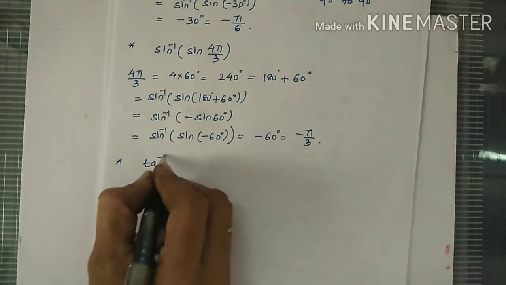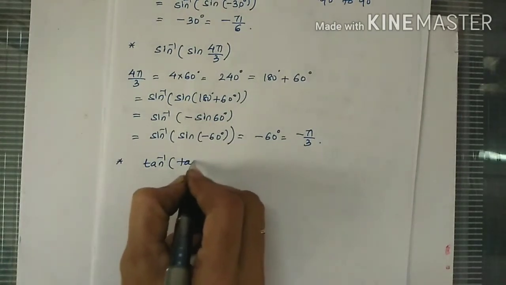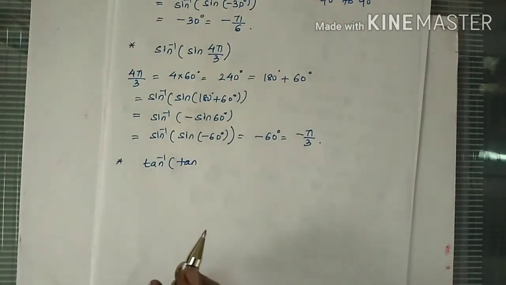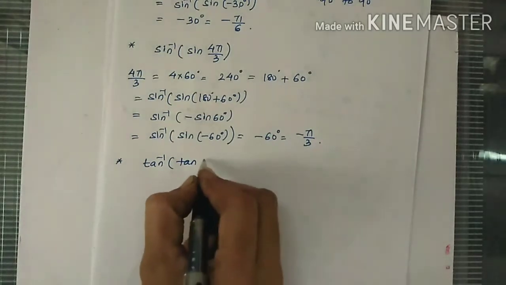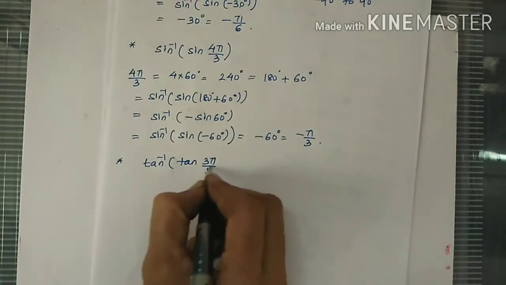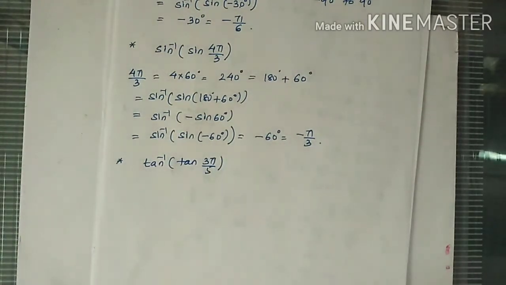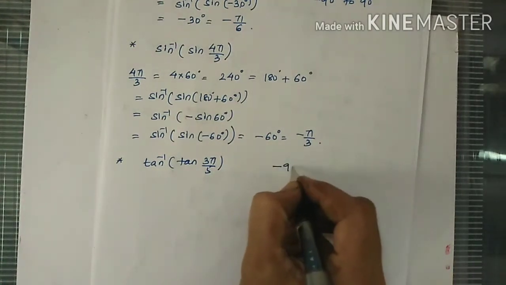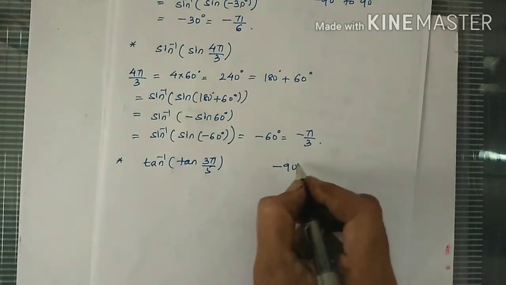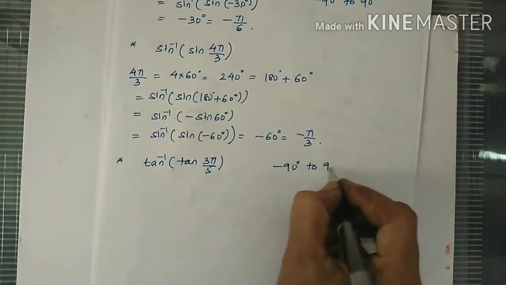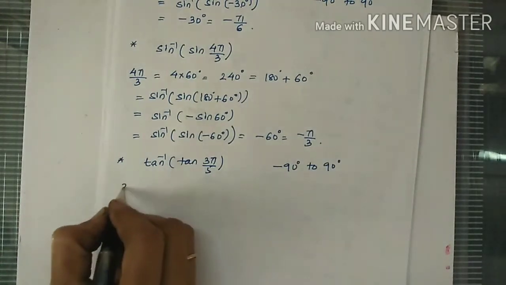Find the value of tan inverse of tan of say 3 pi by 5. Let's find out whether 3 pi by 5 lies between minus 90 to 90. Tan inverse lies between minus 90 degrees to 90 degrees.